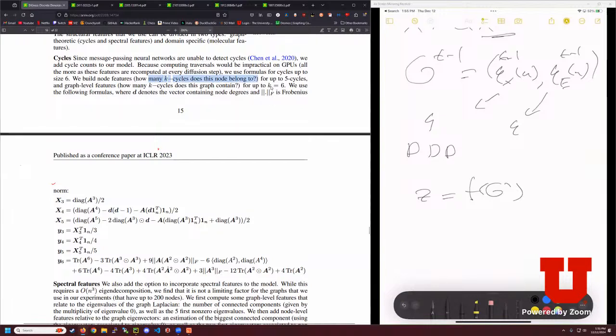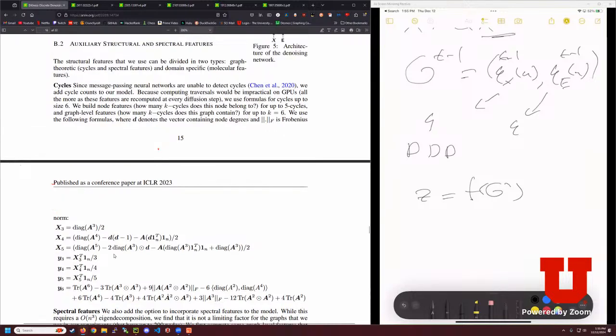Oh, okay, up to 5 cycles. So y3, y4, y5, y6 are just the global features, right? Not global features, every node has this many features, right?